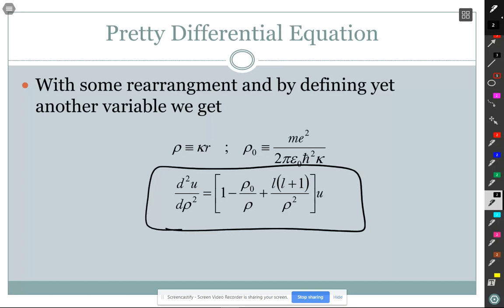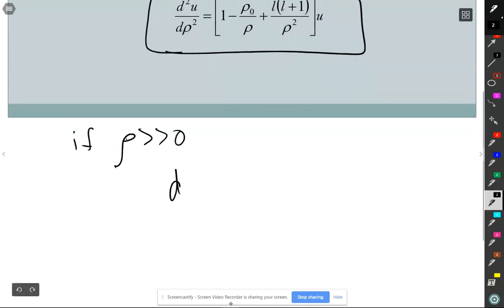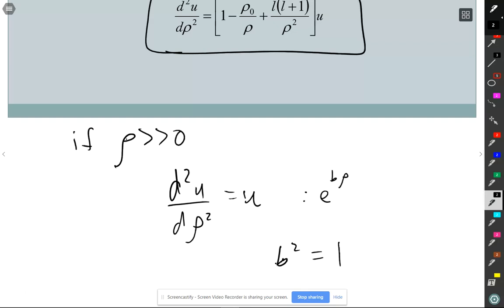For very big rho, much greater than 0, I then have d second u d rho squared equals u, which has solution e to the b rho, and then we get b squared equals 1, right?